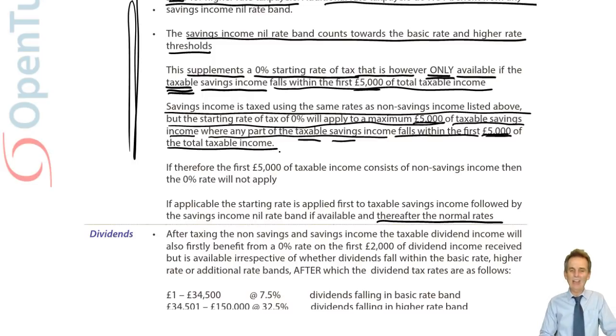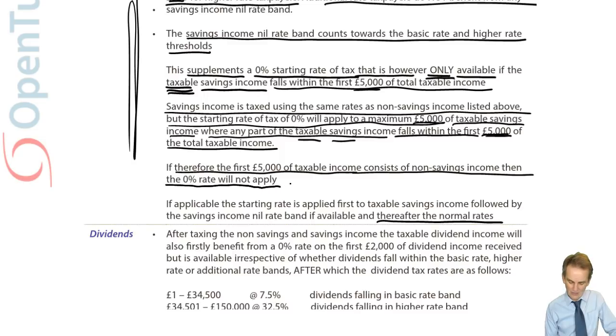That may sound slightly more difficult than it is. So best here that we illustrate with some little examples, just to show how these various nil rate and 0% starting rate bands will apply. Just get to the end of the note before we do that. If the first £5,000 of taxable income consists of non-savings income, then the 0% rate will not apply.